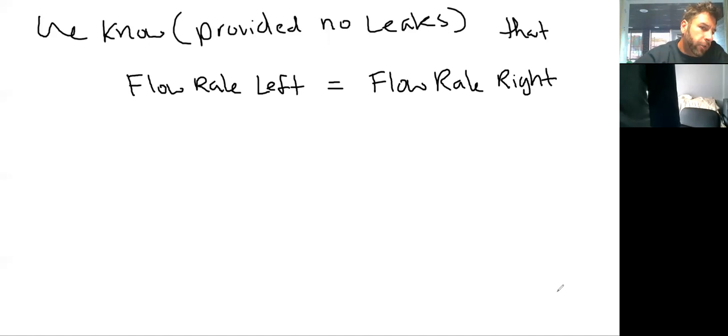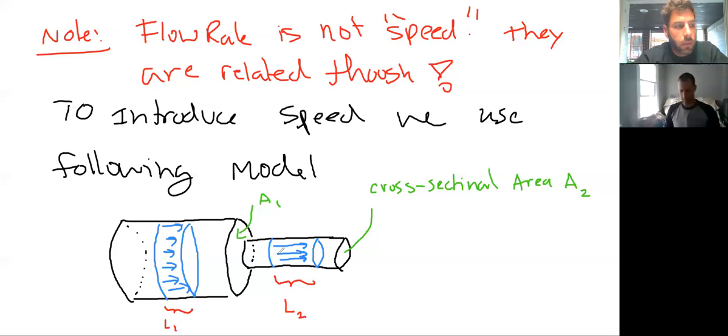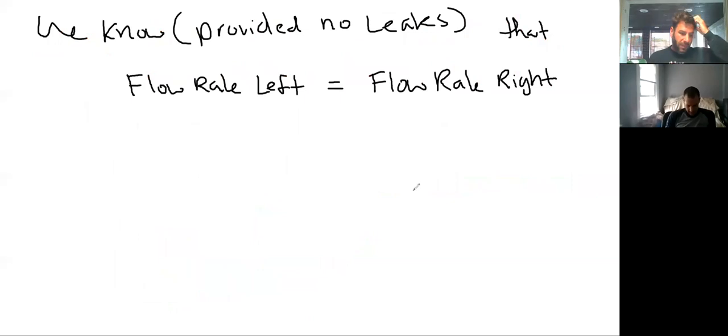If we go back to the picture, the volume of water that passes a particular point in the big cylinder must be the same volume that passes a particular point in the smaller cylinder. So we know this must be the same. You can generically think of this as a conservation type thing, where the flow rate coming in has to be the same as going out.